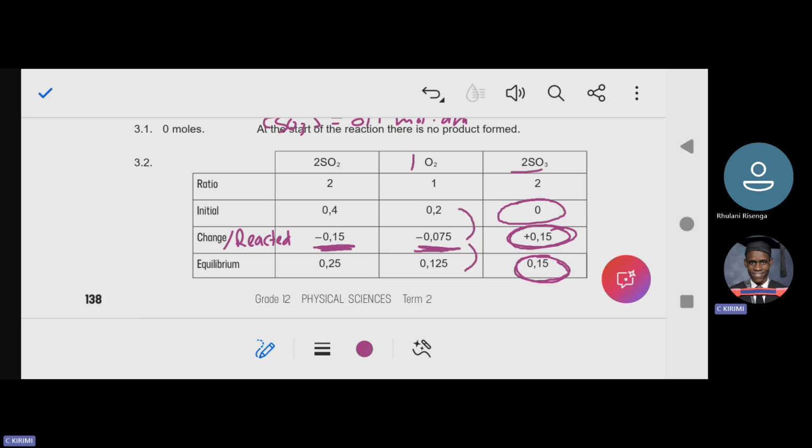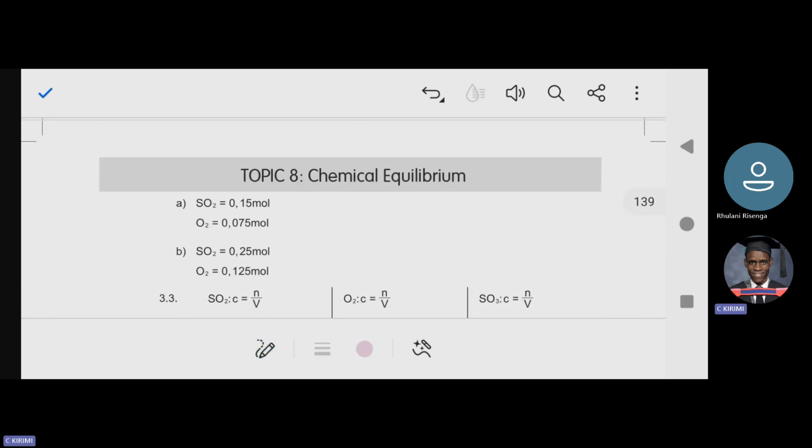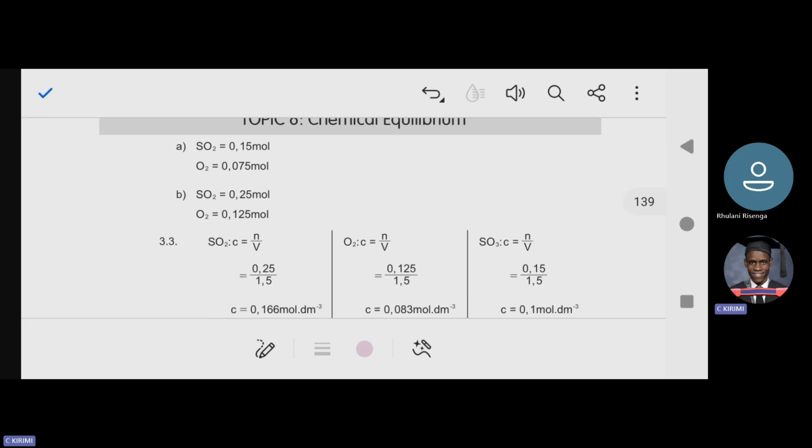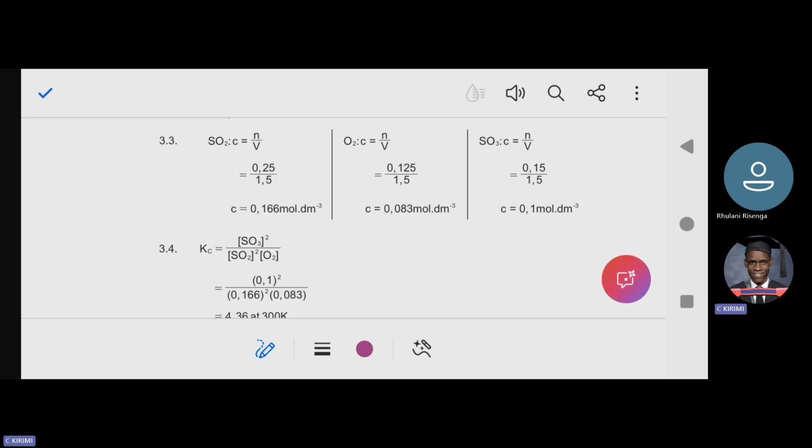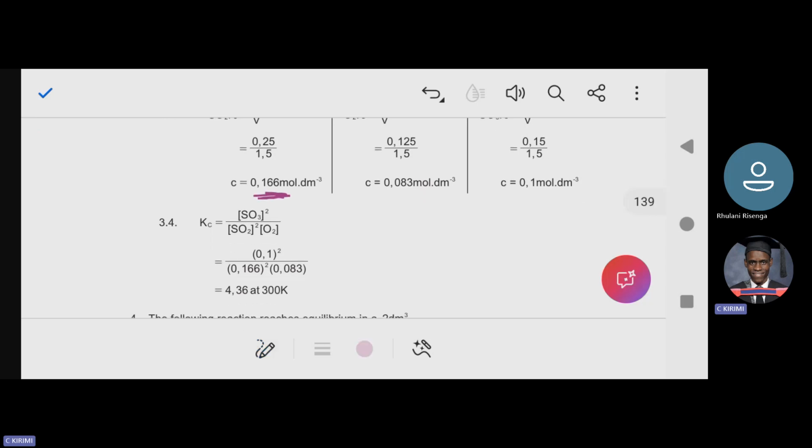But for the product side, that is why we are saying the change. From 0 to 0.15, which means the change was 0.15, so we don't subtract for products. And your Kc value, the concentrations which you got were correct. The only difference may be because of rounding off, 0.167, and the answer is slightly closer, which is correct.